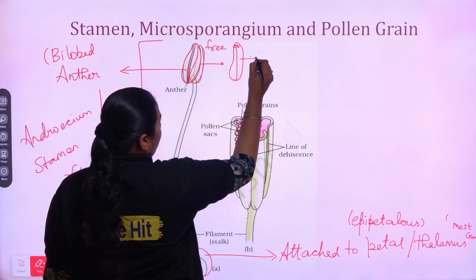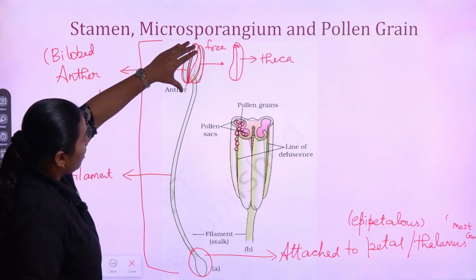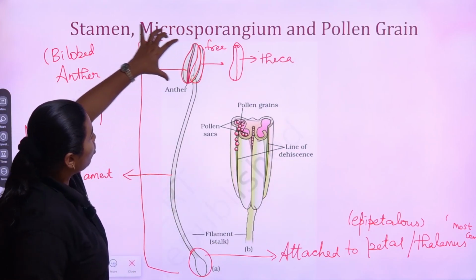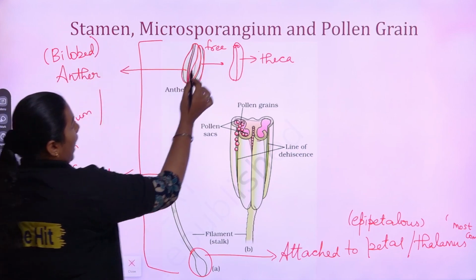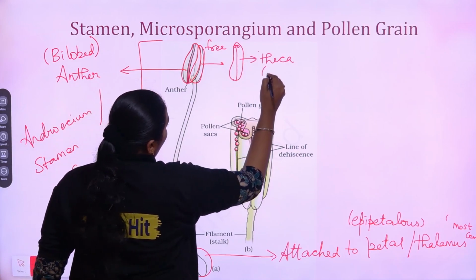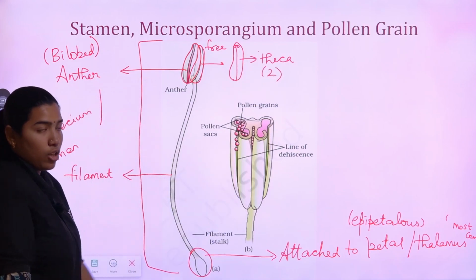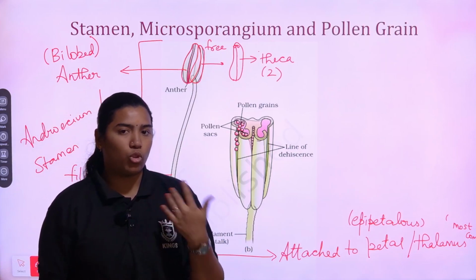This is theca. Understand, the complete structure of anther is divided into two lobes. That is what I have written as bilobed, and if I take only one lobe, we have theca. So in one lobe, how many theca? Two. So most angiospermic anthers are dithecous, but still there are monothecous anthers.